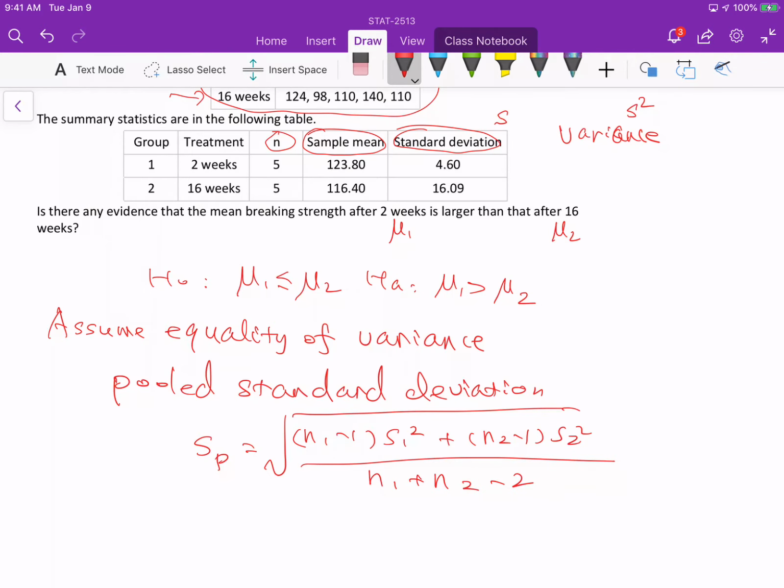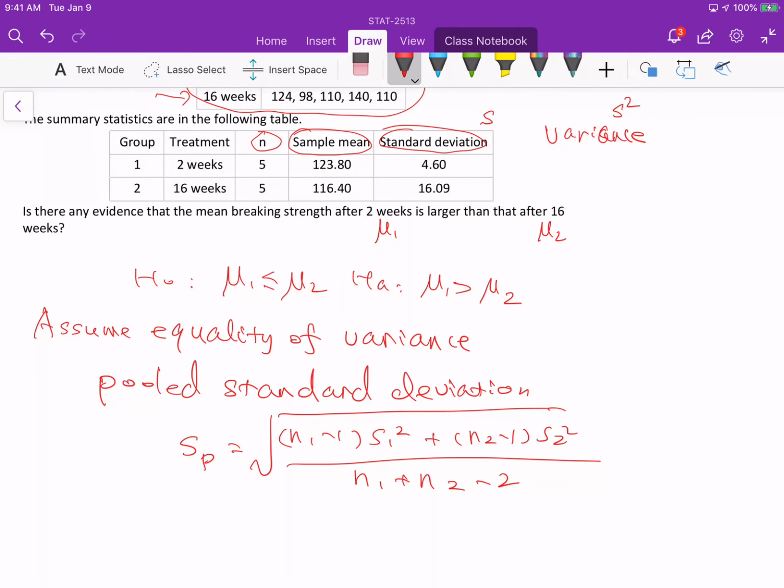In this formula, n1 and n2 are the sample sizes for the first and second sample. In this problem, both n1 and n2 equal 5. And s1, s2 are the sample standard deviations for the first and second sample.